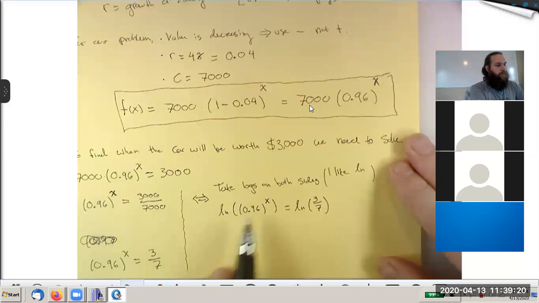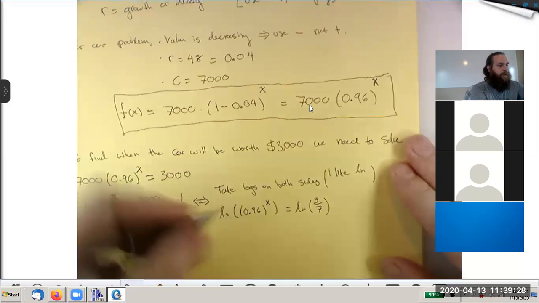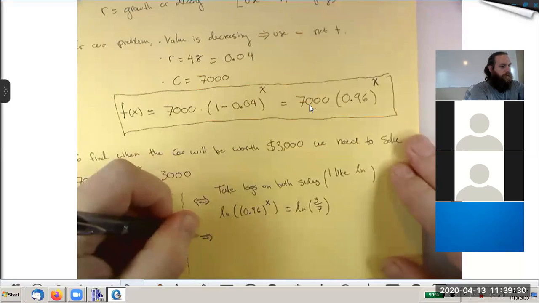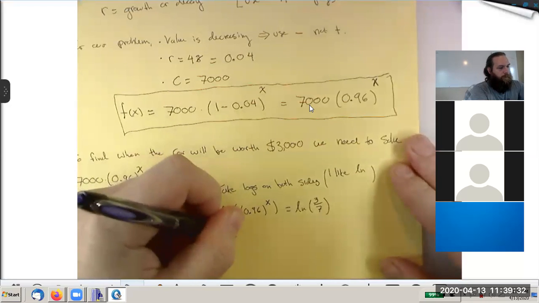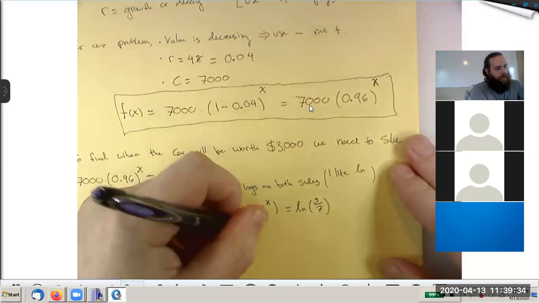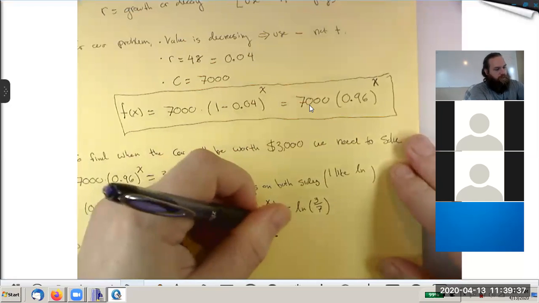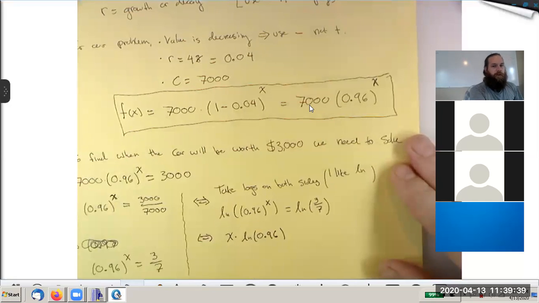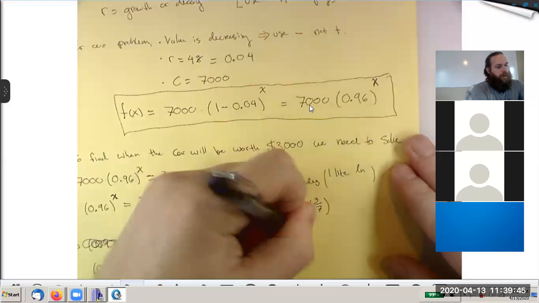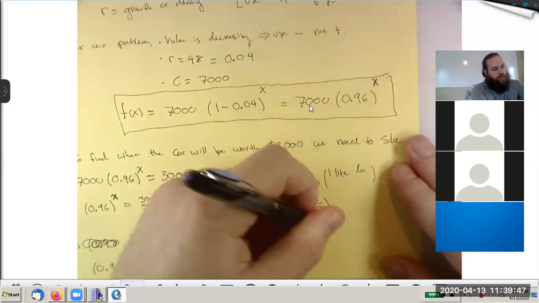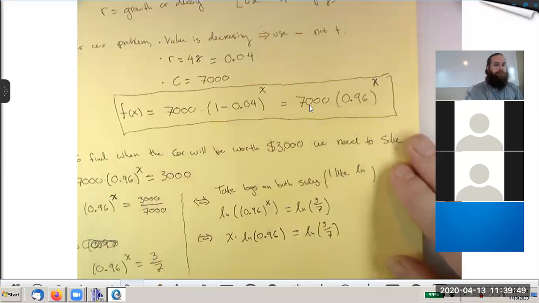And then one of my rules for logarithms says that the log of a power, ln of this raised to the x, is the same as that x coming down, times ln of 0.96. So this is how the left-hand side simplifies. That x comes down out of the power and in front of the log as a multiple. And then the right-hand side hasn't changed. It's just the ln of 3 over 7.